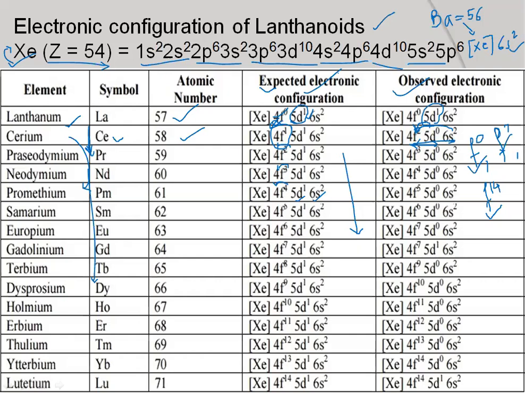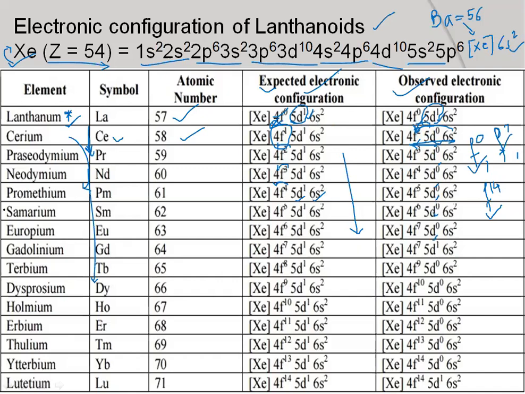Understood? So in case of lanthanum, you have to learn lanthanum with a star mark, because in this case there is one electron in 5d. 4f is 0. Then again all 5d orbitals are 0 because one electron will jump to the 4f orbital.